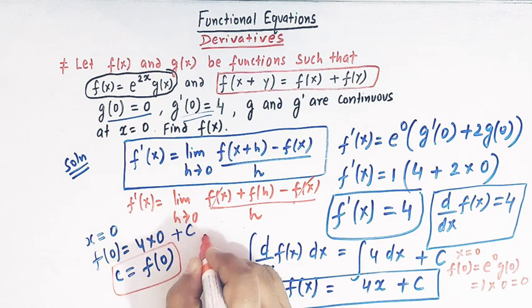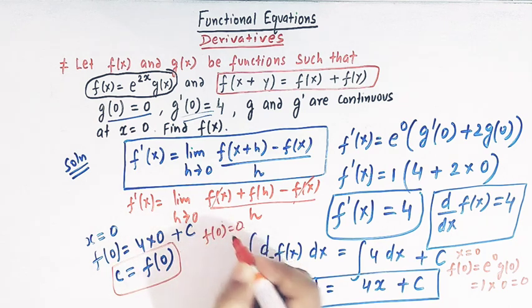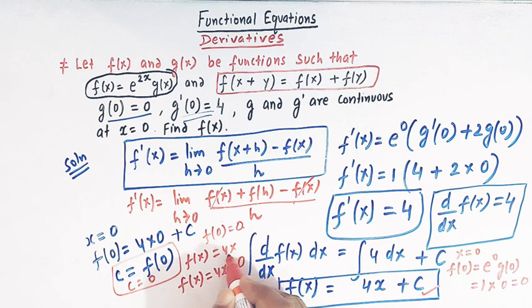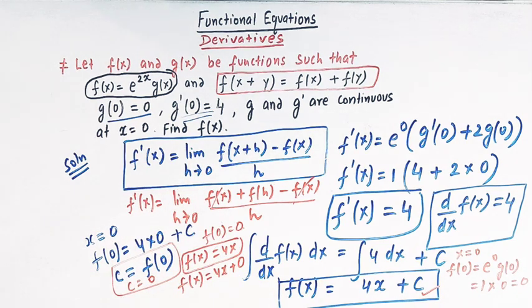So f of 0 is equal to 0. So the value of c is equal to 0. Taking c is equal to 0 in this equation, we have f of x is equal to 4x plus 0. So f of x is equal to 4x, right? So this is the form of the function f of x.